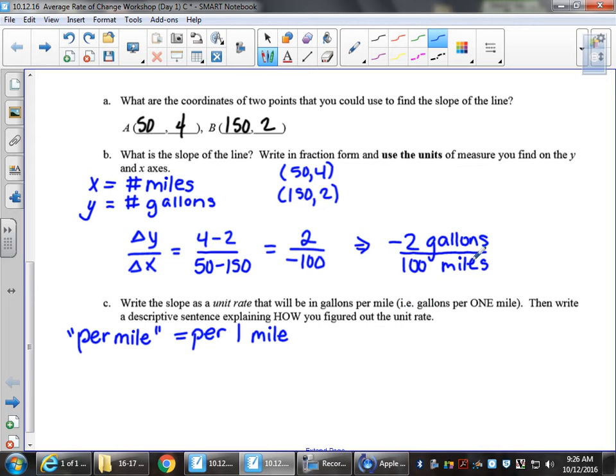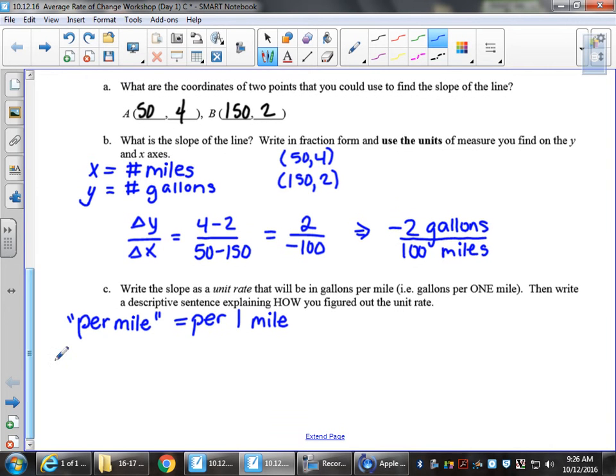So how do I get this to be per 1 mile? What do I do? You divide by 2. Very good. Divide. So we're going to take -2 divided by 100, and we're going to divide. Can you do that for me, please? What do you get?